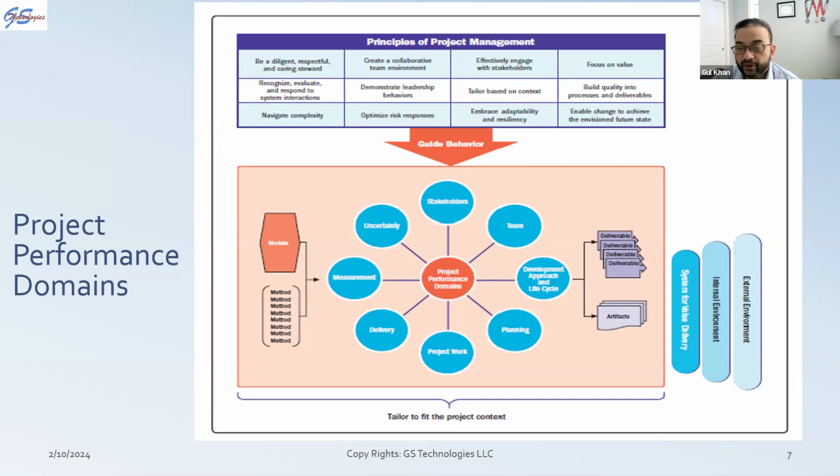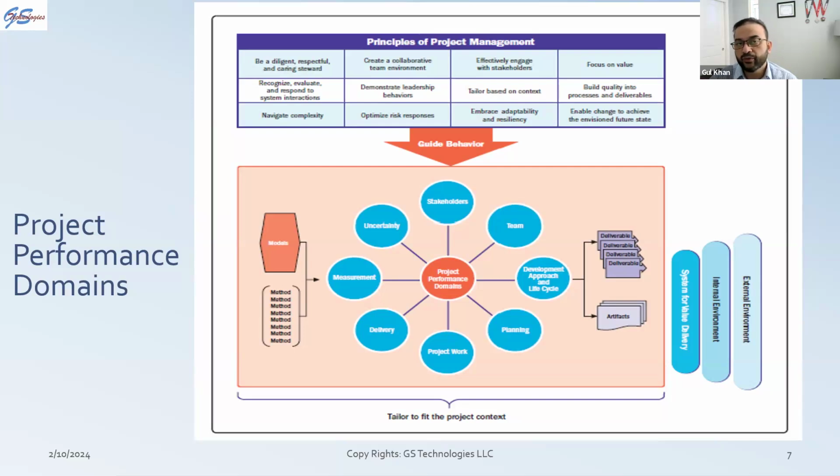All these are the project performance domains. We talked about the models. Models feed into those, and depending upon the development approach and the methods we are using, we will produce the artifacts at the end. So the model is feeding in and artifacts are the output of that.